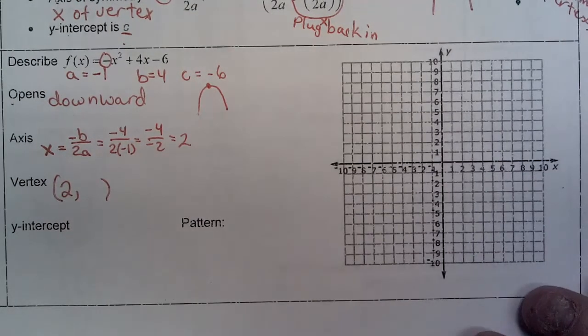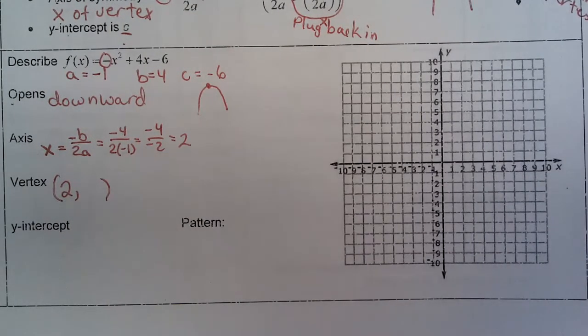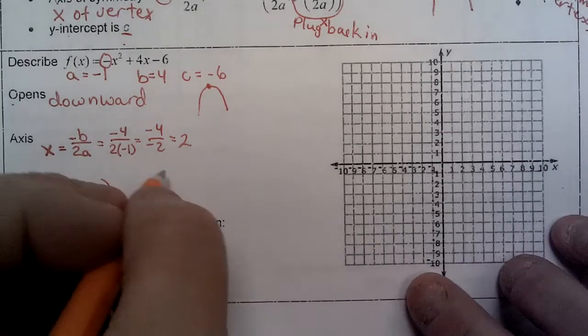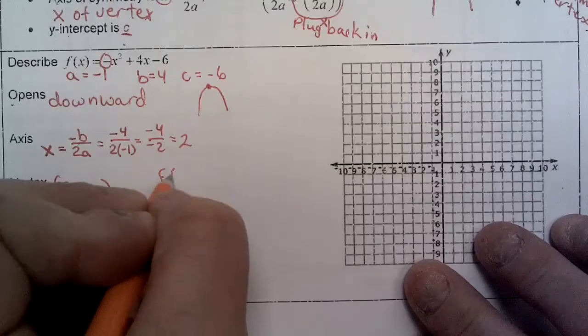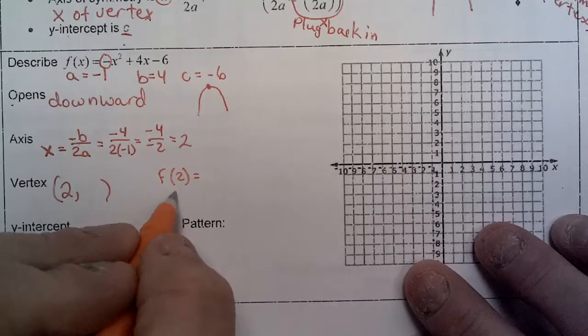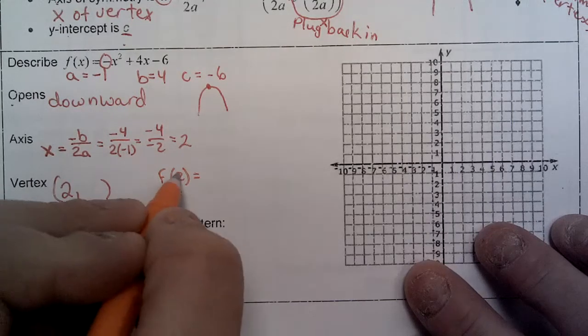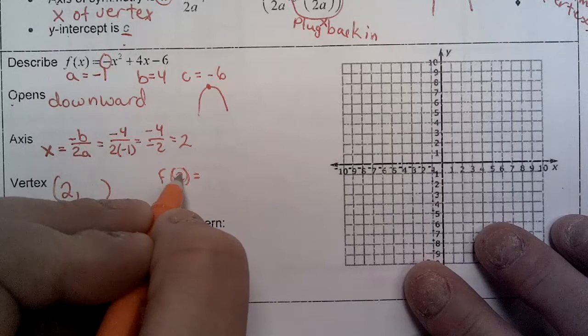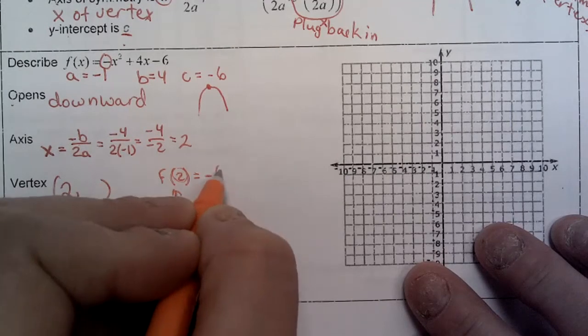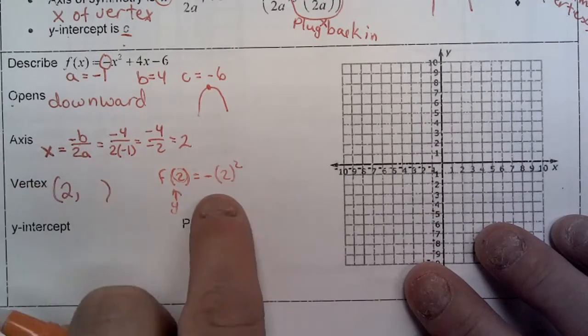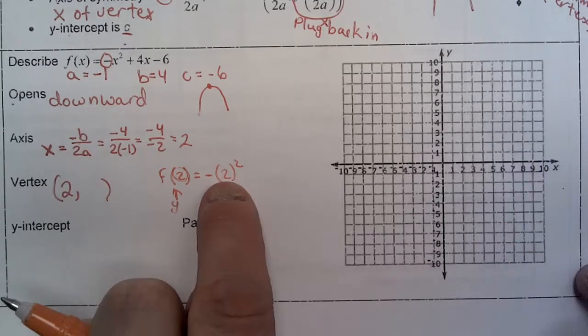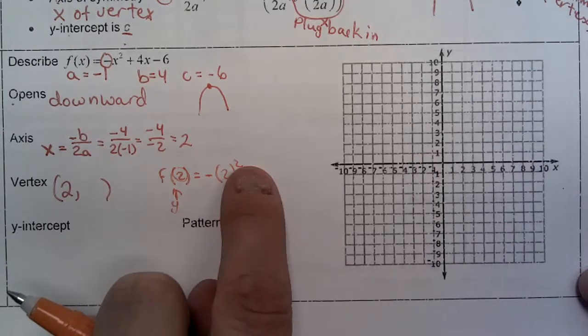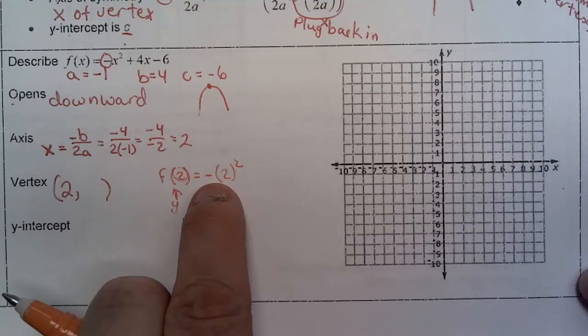But now I have to find my y. To find my y, I'm going to do f of 2. Remember, this is my y value, and this is what I'm going to plug in for x. So it's going to be -x squared, and keep in mind that that x value is positive, so you're going to have to square that and then put that negative onto it.